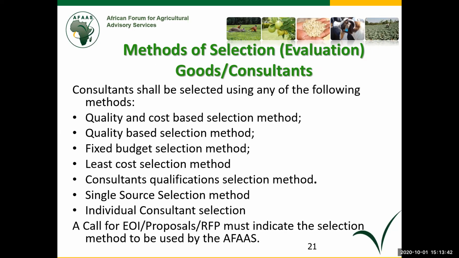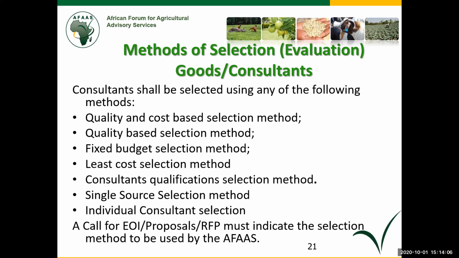Single source selection method, where you go straight to one provider, either a natural continuation of similar work, or somebody did some work in another project, but you are switching to another project which is very small, has a very small period, and you think that seeking out competition will consume time and money.